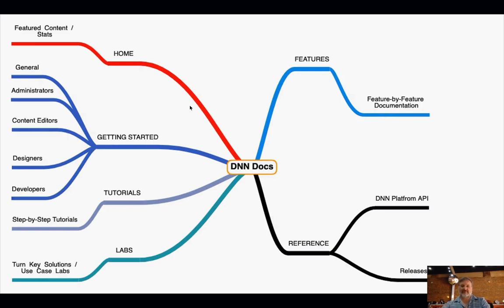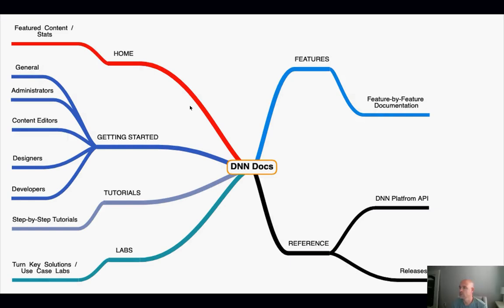The new structure is we have the home page, which is just special content that helps us get to places, and also share some of the community things that are going on, and statistics and stuff like that, and contributions. The getting started section is going to be a new section that is persona driven, because as an administrator, you want to know what you need to know in order to get started with DNN.